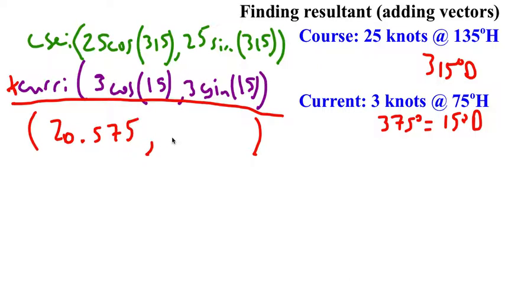And then if you do the same thing again, except we're doing sine, we basically repeat the process, taking the sine of these, and that will give us negative 16.901.